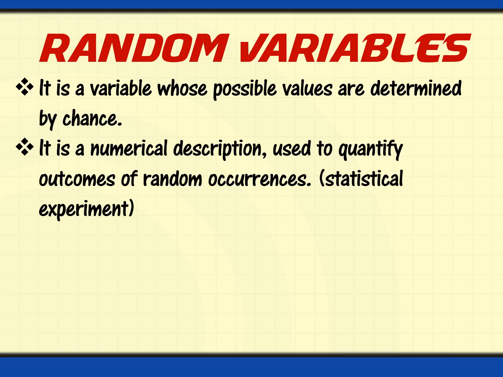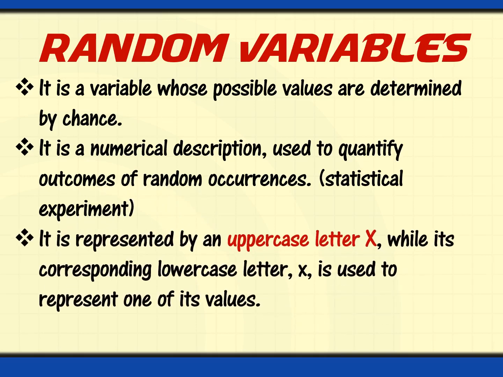So it is a quantitative variable wherein the values depend on chance. It is usually represented by an uppercase letter or a capital letter, while its corresponding lowercase letter or small letter is used to represent one of its values. So this is how we define random variable.